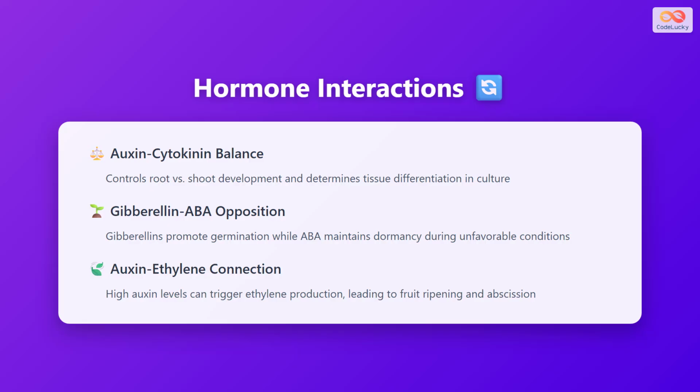Gibberellins promote seed germination and growth, while ABA maintains dormancy and inhibits these processes. This opposition allows plants to germinate only when conditions are favorable. There's also a connection between auxins and ethylene. When auxin levels become very high, they can trigger the production of ethylene, which then leads to effects like fruit ripening and organ abscission.